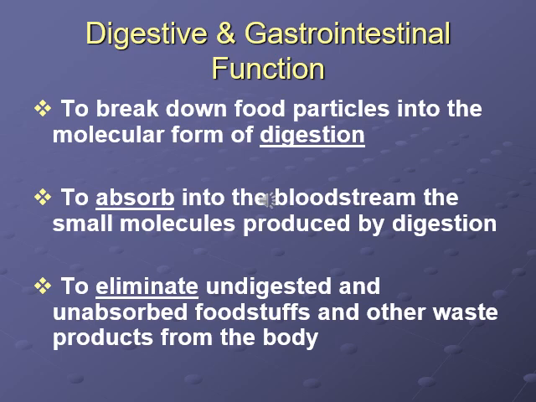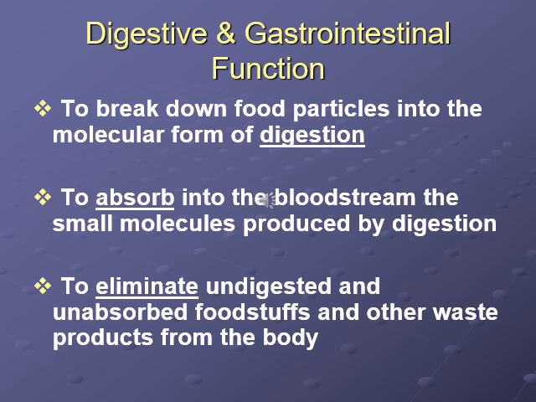We have several functions of our digestive and gastrointestinal system, but primarily we think of digestion, absorption, and elimination. It begins when we put food or food particles in our mouth, and that's the very first step, where we have digestive enzymes and secretions mixing with the ingested food.